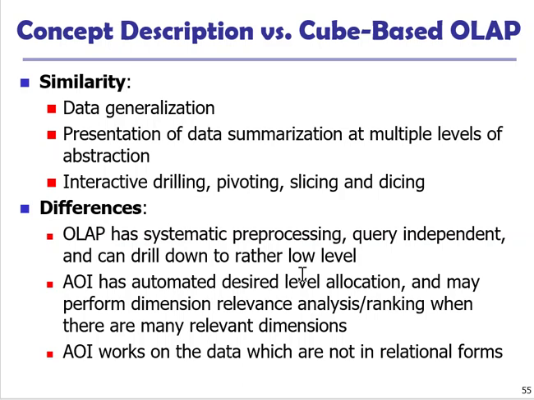So there are some limitations. It's not as flexible as AOI for the concept description task. Although they do share lots of similarity in data generalization, where attributes are generalized, and we can present data summarization at multiple levels of abstraction.